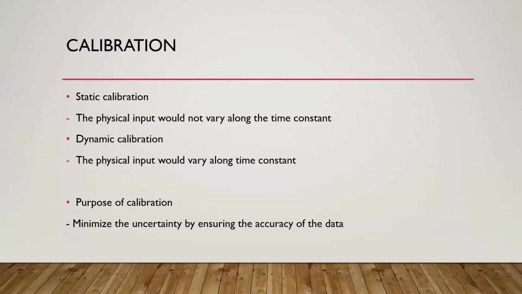In simplified words, the physical inputs of static calibration do not vary along the time constant, while the physical inputs of dynamic calibration vary significantly along the time constant. The purpose of having these two calibrations is to minimize uncertainty by ensuring the accuracy of the data.